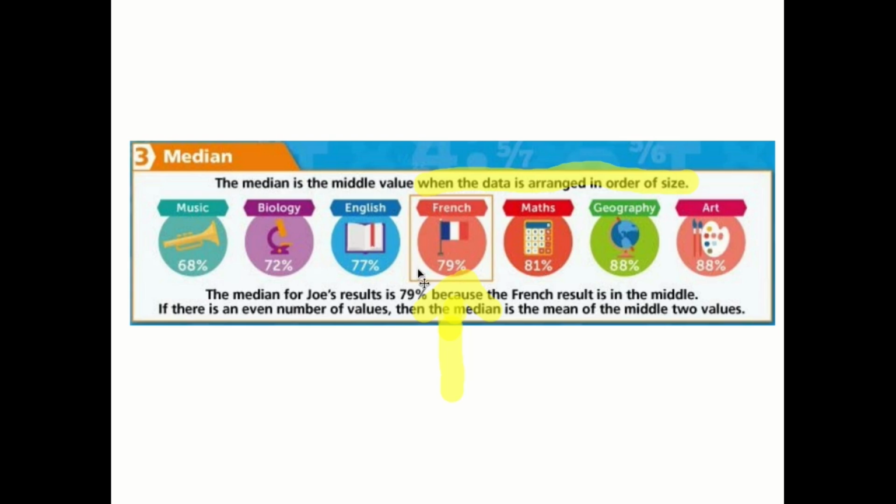And the median was the middle value. So French was right in the middle here. You know it's in the middle because you've got an equal number both sides. You've got 3 subjects that side and 3 subjects that side.